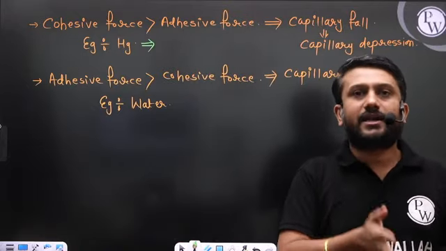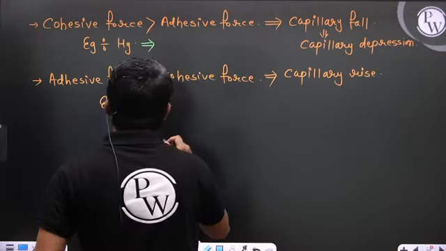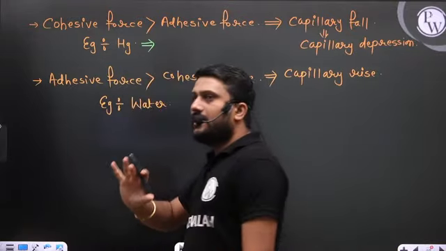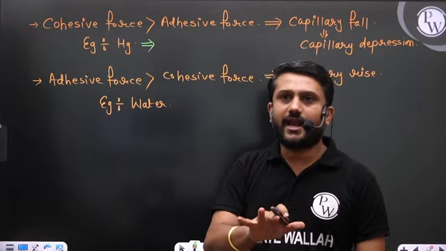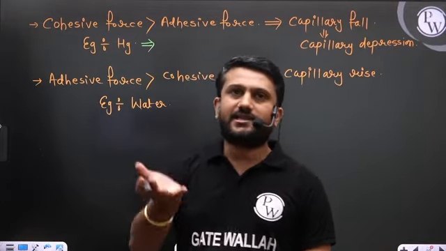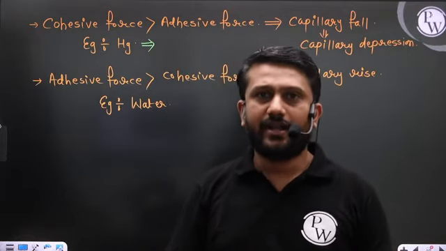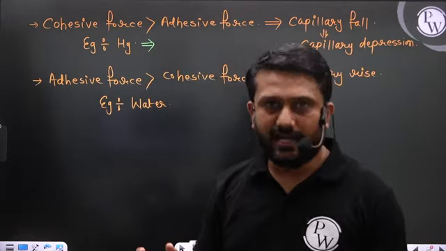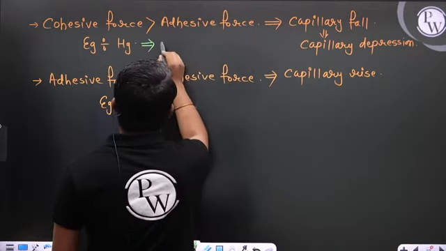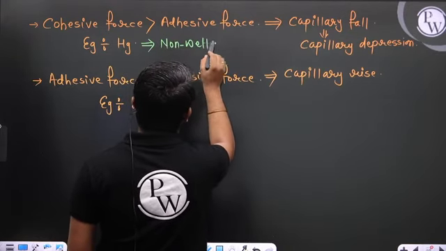That means mercury has a non-wettability property. So we can say, beta, that when cohesive force is greater than the adhesive force, such a liquid has the non-wettability property.